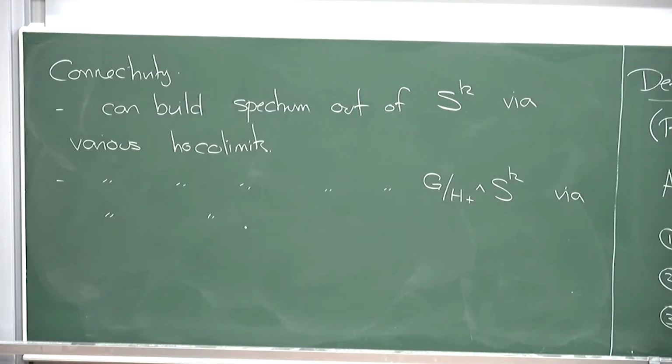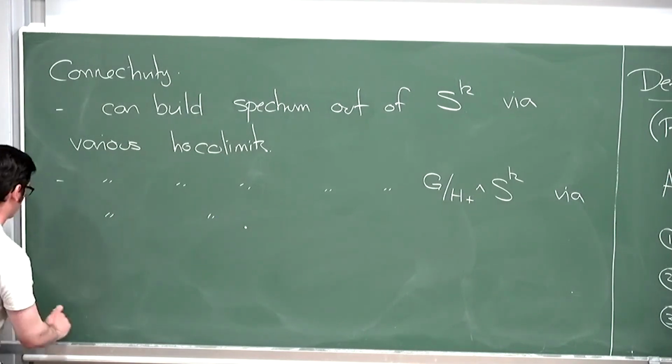And I can check this kind of connectivity using the geometric fixed points, the functor that Emanuele talked about, which is nice because this also plays nicely with the symmetric monoidal structure.